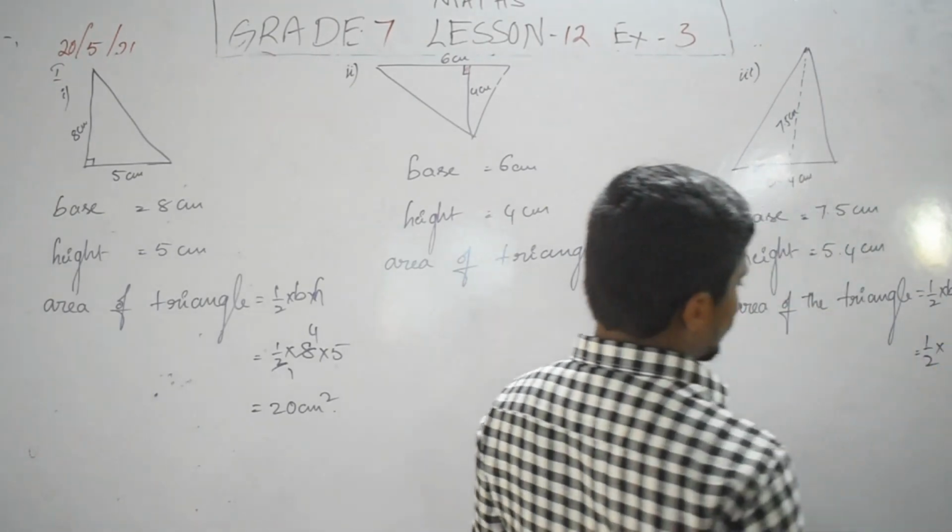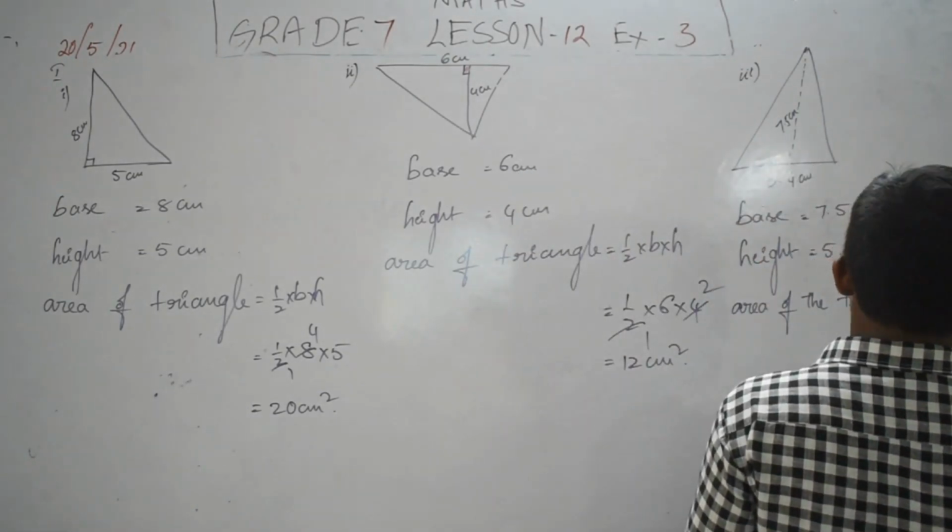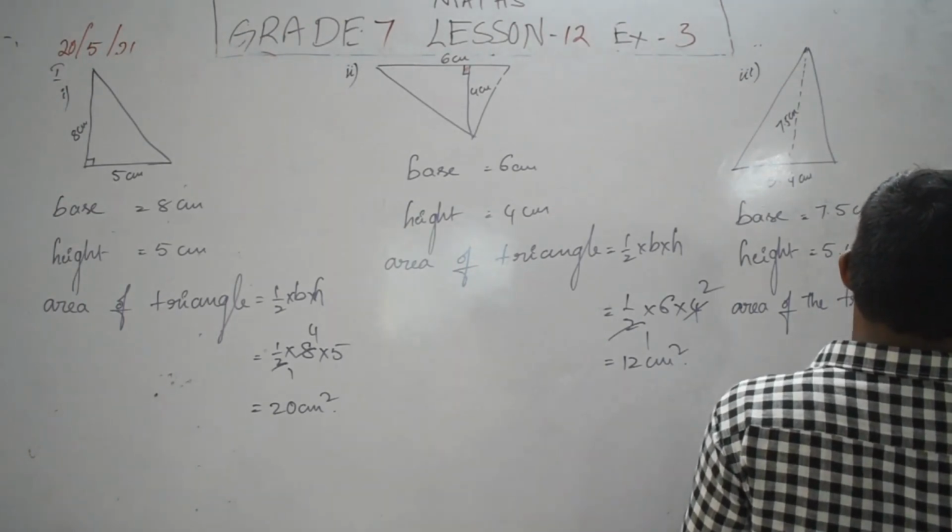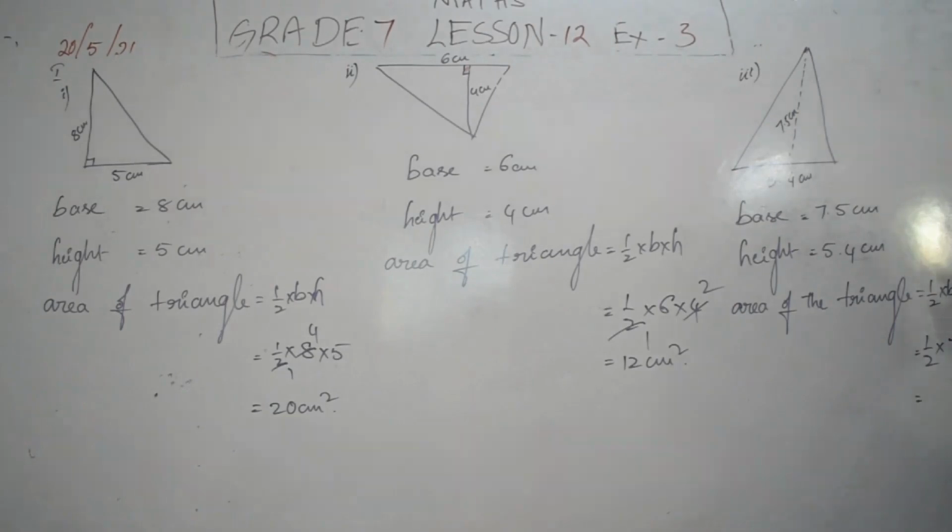Half cross base, how much? 7.5. Height how much? 5.4. So these two numbers we are multiplying. 7.5 cross 5.4. 4 5s are 20, 4 7s are 28, 30. 5 5s are 25, 5 7s are 35, 37. Total 40.5 by 2, so 20.25 centimeters square.